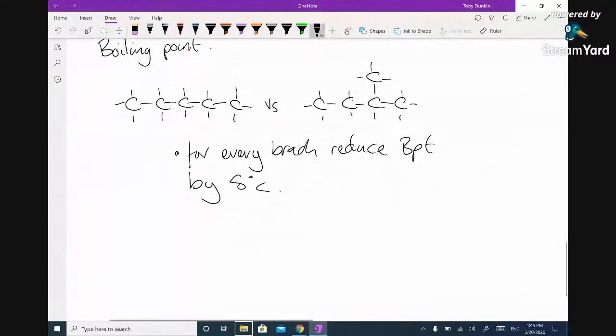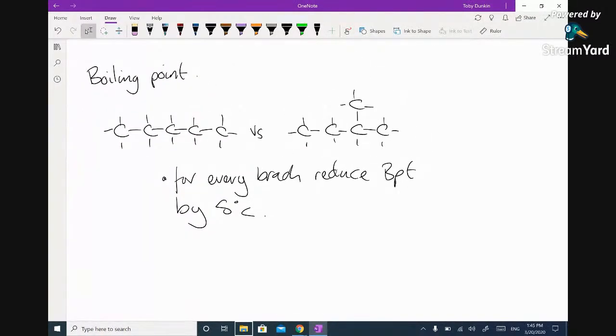So if pentane has a boiling point of around about, well, butane is bang flat 0. Pentane's about 20 degrees Celsius. This one's going to be about 15 degrees Celsius. And the last one, of course, dimethyl propane, is going to have a boiling point of about 10 degrees.